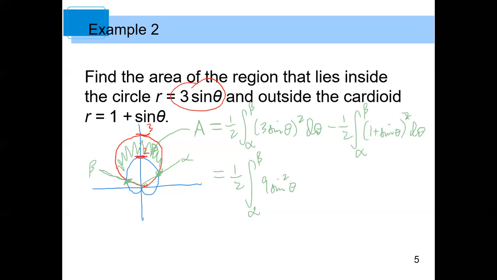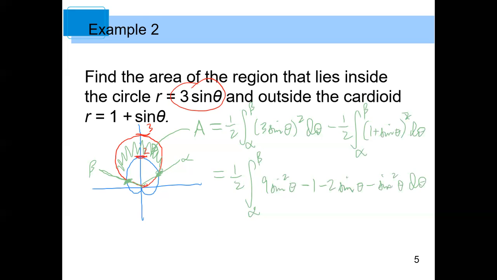Now I'm going to multiply out this other thing: 1 plus 2 sine theta plus sine squared theta. Actually, there's going to be a minus sign here, sorry. When I multiply this out, it's going to be minus 1 minus 2 sine of theta minus sine squared theta d theta. Okay?